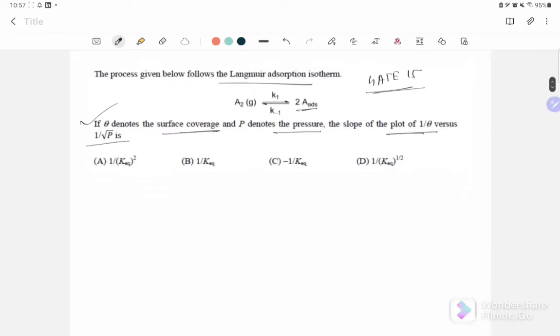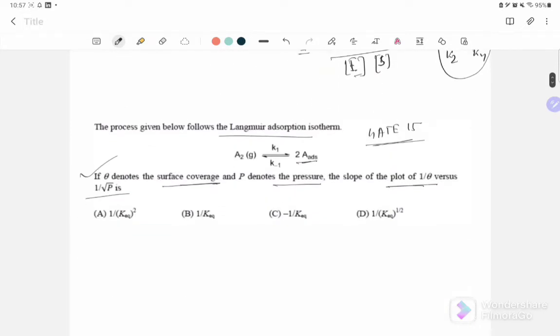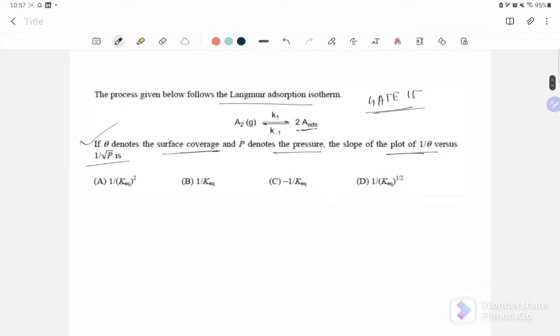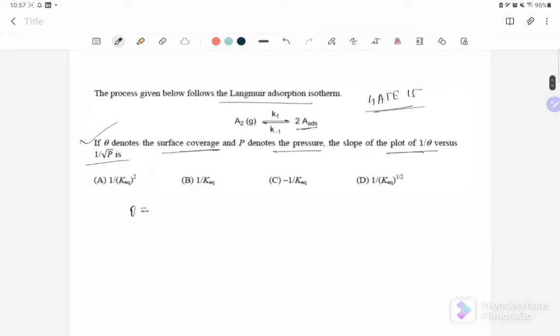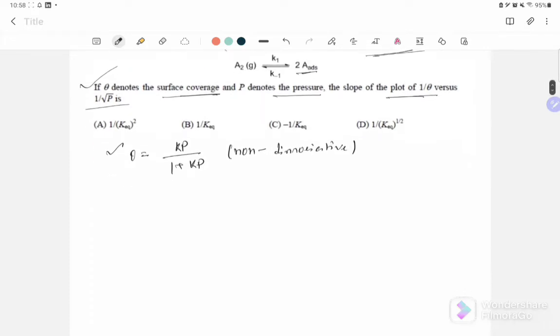Dissociative means, I told you in my previous video, for dissociative reactions, theta according to Langmuir adsorption is kp by 1 plus kp if it is non-dissociative. For a dissociative reaction, theta is kp to the power 1 by n over 1 plus kp to the power 1 by n.